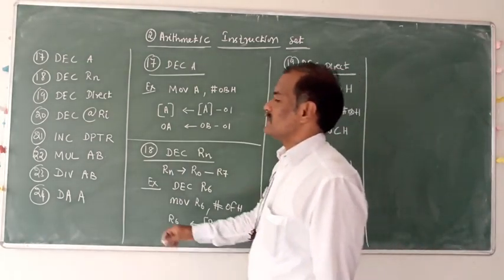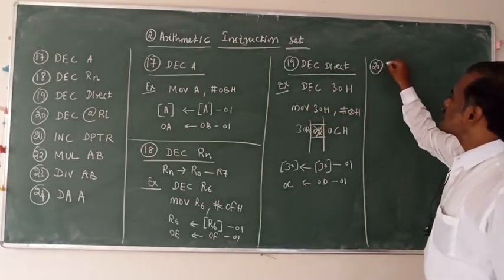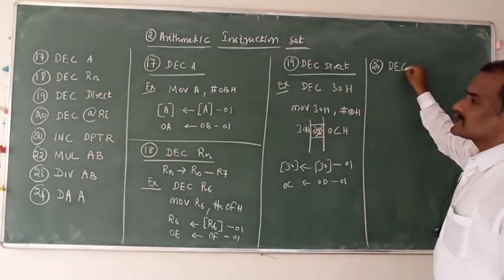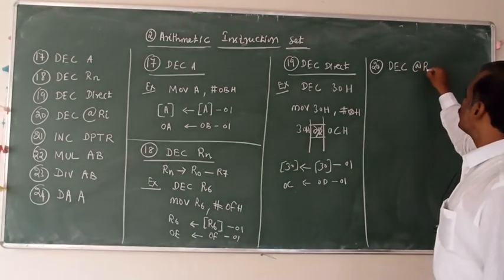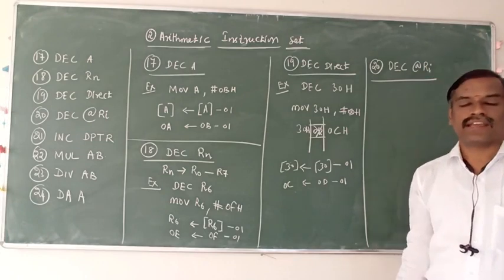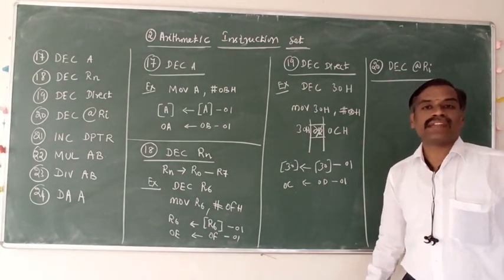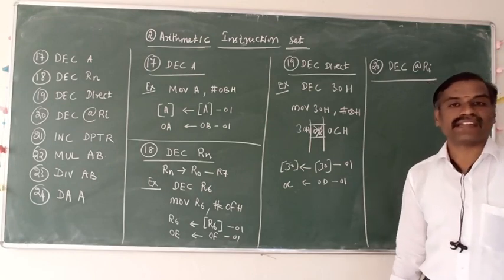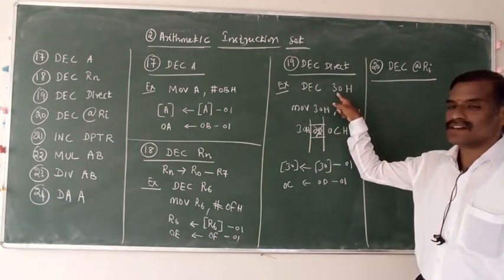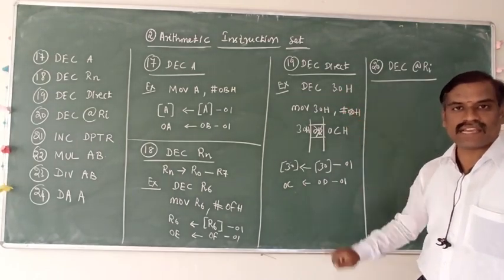And next one, 20th instruction, DEC @Ri. This is for decrementing indirect memory address location data. Data is not directly given. That was for the direct memory address location, where in the address location data will be available.